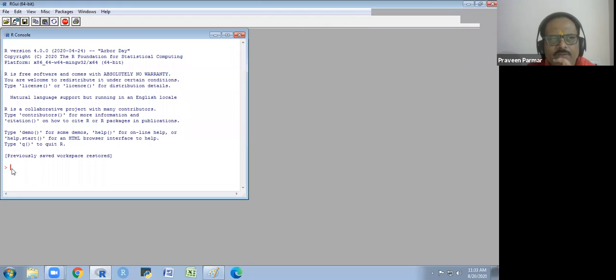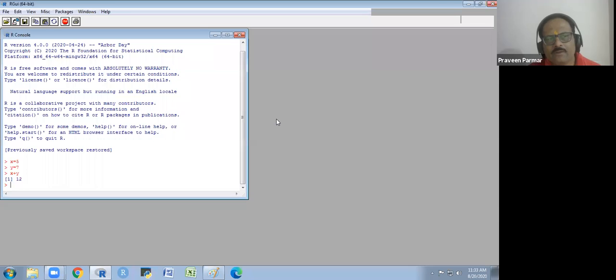If I write on this user interface x is equal to 5, y is equal to 7, and then I perform the operation x plus y, I will get the result. So this is the graphical user interface, but it is not as interactive as we would like for analysis. You write here, you get the response here.